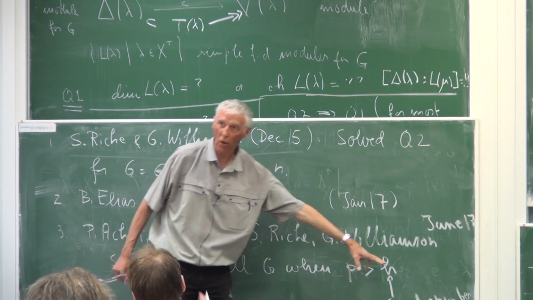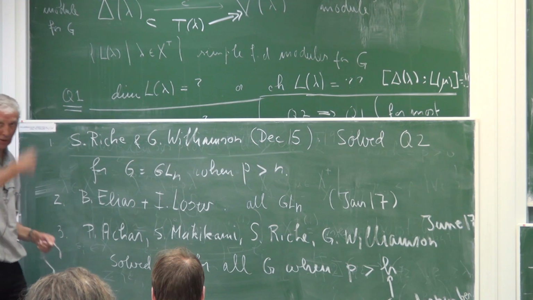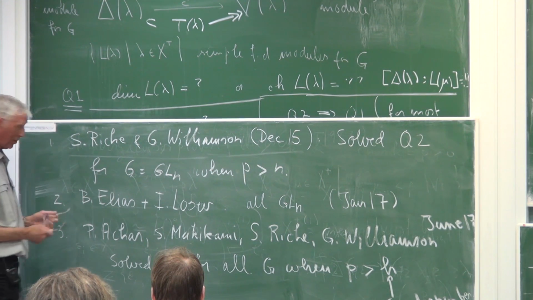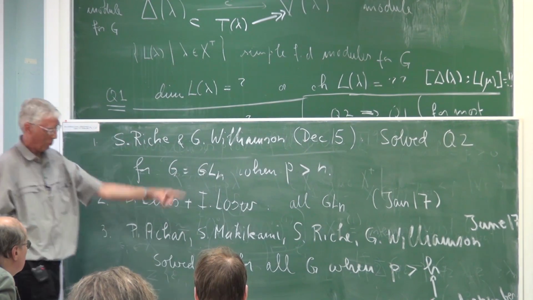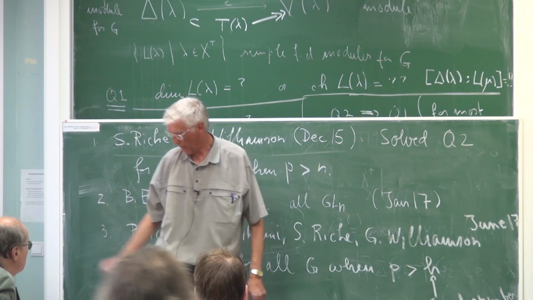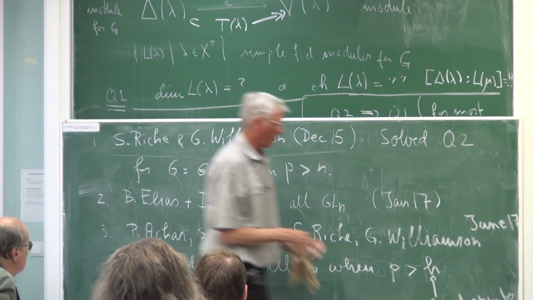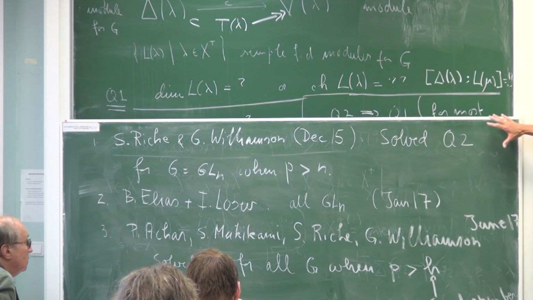There are a few small primes still to worry about, so I'm happy to see some young people here who can, in the next few years, tell us what happens for small primes when you look at type E8 or something. So let me not say more about this. This is a fantastic new development.